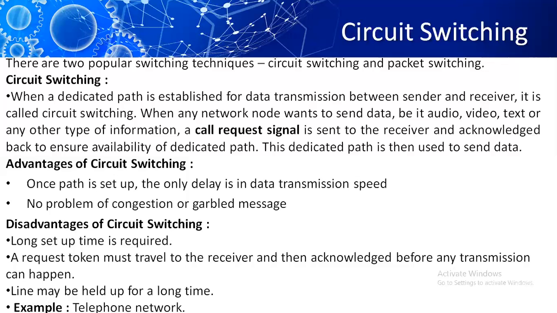To make the connection, the dialer sends a request signal through the telephone network towards the receiver. After receiving the request signal, the network makes a dedicated connection between the transmitter and receiver. After that, we can transmit the data, that is our voice, simultaneously in both directions, from sender to receiver or receiver to sender.